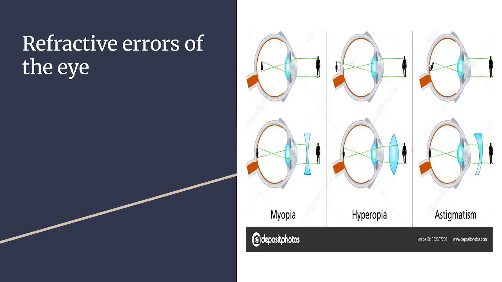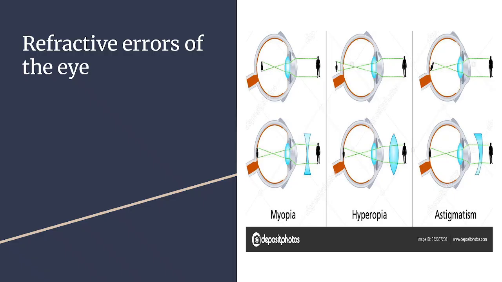Myopia, also known as nearsightedness or short-sightedness, is a common vision condition where distant objects appear blurry while close objects are seen clearly. This occurs because the eye focuses light in front of the retina instead of directly on it, due to the shape of the eye or cornea.